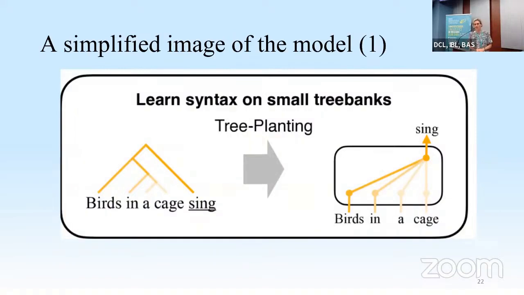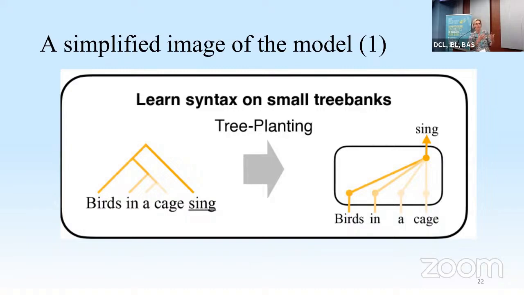It's a very simplified way of what they do, but the details are in the paper itself. So you have a small tree bank with some analysis, and then, of course, you can say, okay, sync is the root, and every other word depends on it.